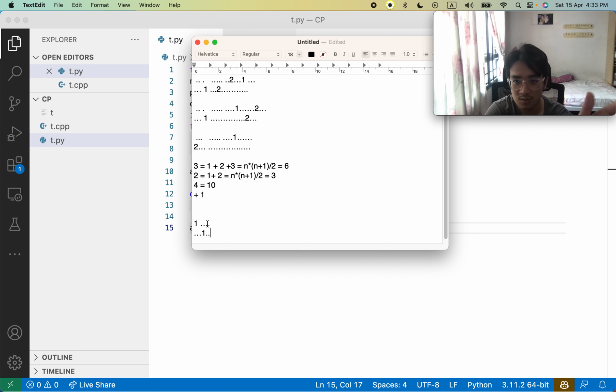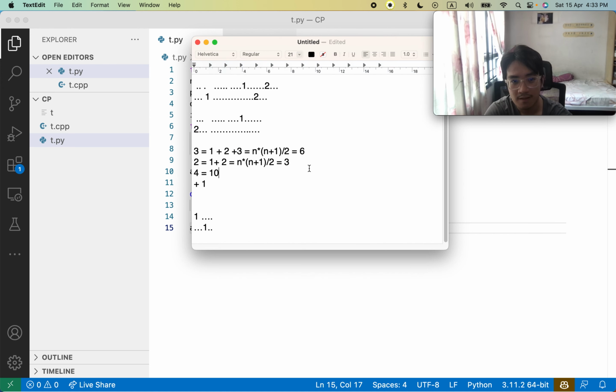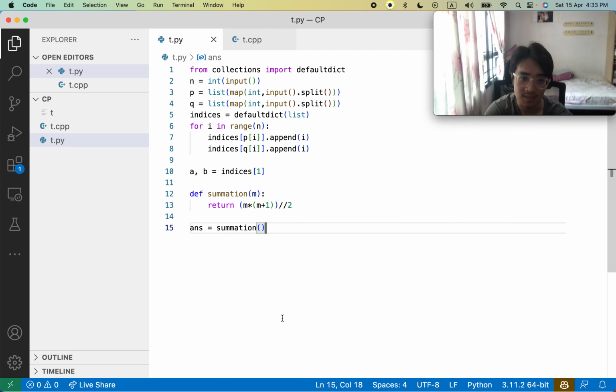It's just a visual representation. So if 1 was 0, how many permutations of arrays can exist before it? And the answer is 0. So basically you put 0 here.